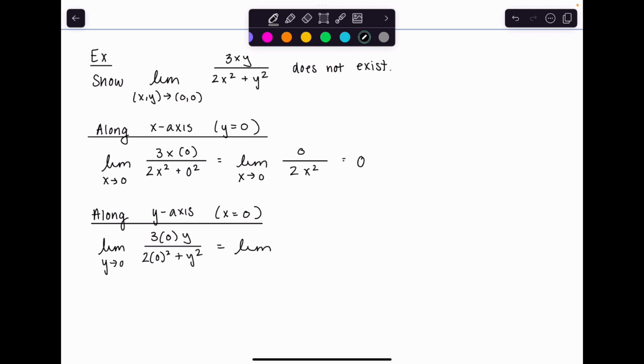And really, the same thing happens. So you get 0 over y squared. So this limit is 0. So these two paths give the same value. So I've got to try something else.